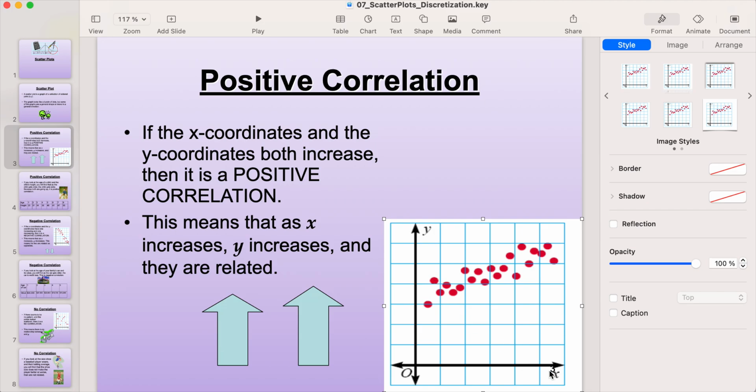So here we have the x and y, and here the red ones are the points. Let's take this point right here. For the x coordinate, if each square represents 1, let's say here is 0, 1, 2, 3, 4, 5, 6.